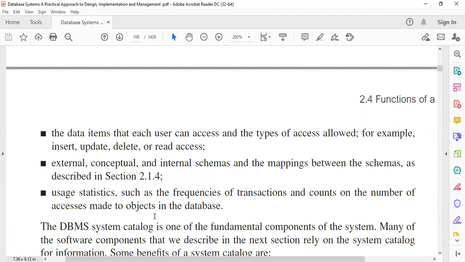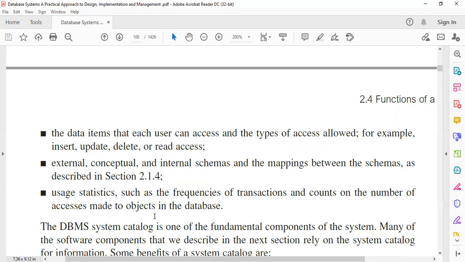Then it also contains the external, the conceptual, and the internal schemas, and the mapping between these schemas, as we shall describe them in section 2.1 of our study. Then the metadata also includes usage statistics, the various transactions that have been done, how frequently they have been done, and so on, which are very important whenever you are working with the database.